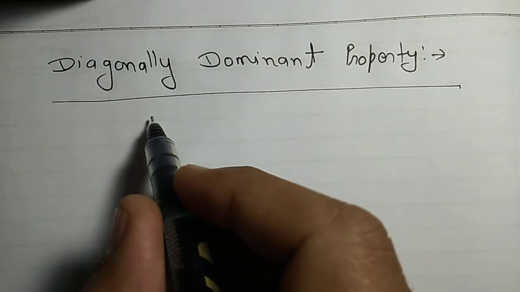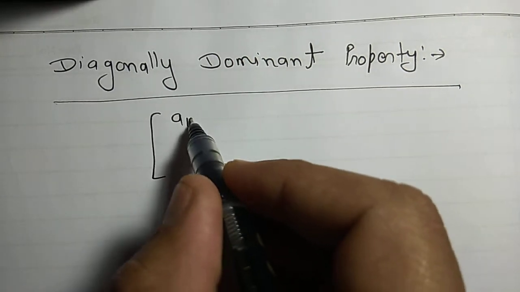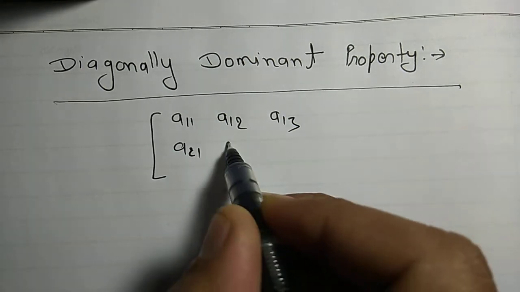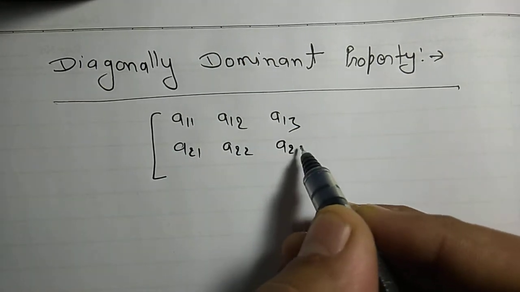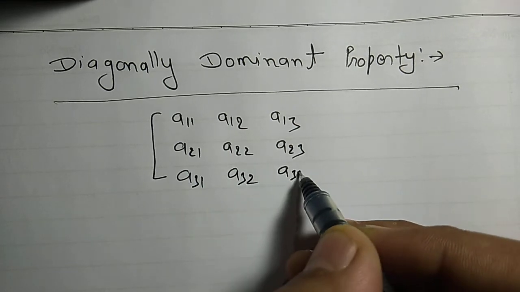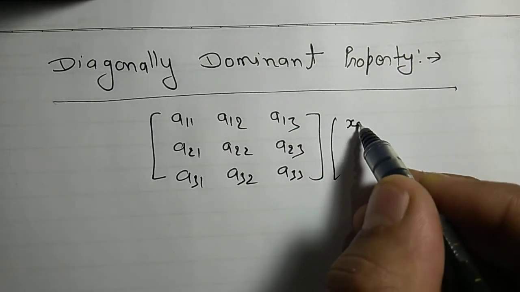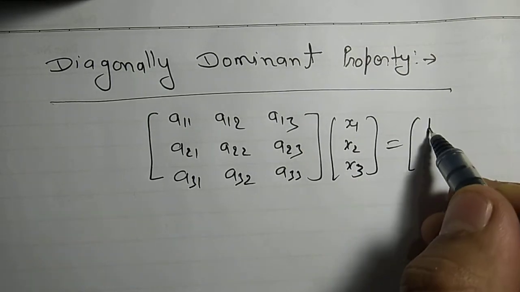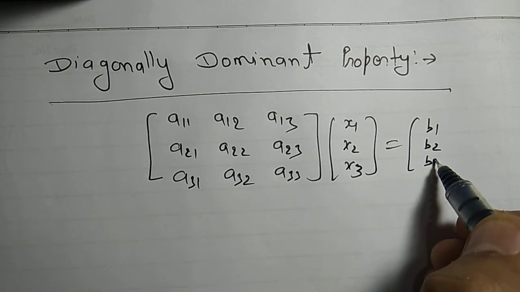So if you write the square matrix for the system of equations, a11, a12, a13, a21, a22, a23, a31, a32, a33, times x1, x2, x3 equal to b1, b2, b3.